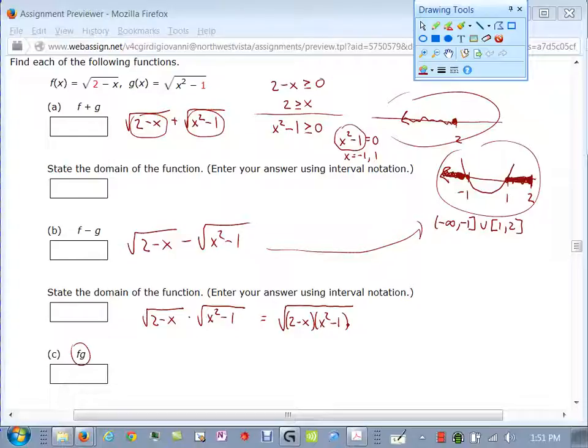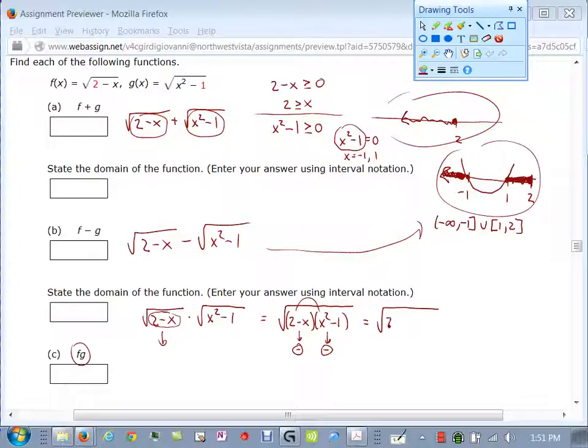As far as domain, though, we need to pay some attention because it's possible now that the domain's going to change. If what's under here is negative, that's no good if we look at it right here by itself. But when it's multiplied times this next to it, what if that's negative also? Then they both multiply together to be positive. So let's go ahead and expand this out.